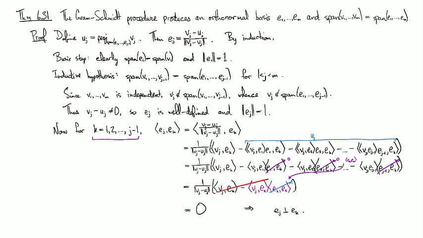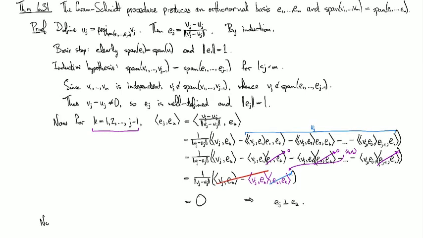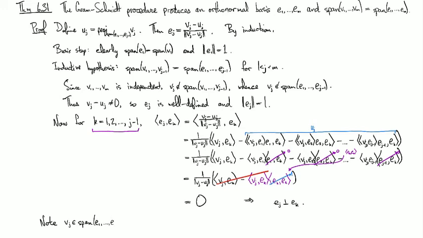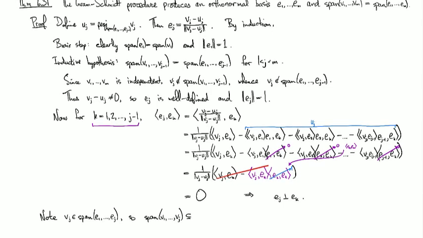All right. So what else do we have? It remains to note that Vj is in the span of E1 up to Ej. So if we look at the span of the first j V's, this is going to be contained in the span of the first j E's.